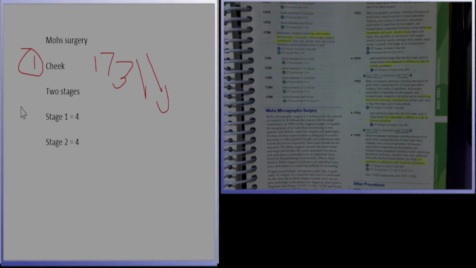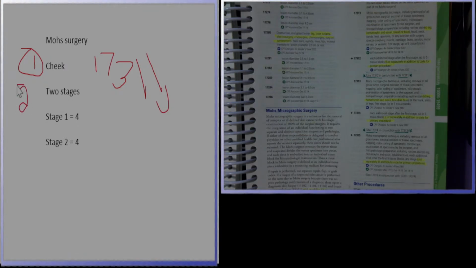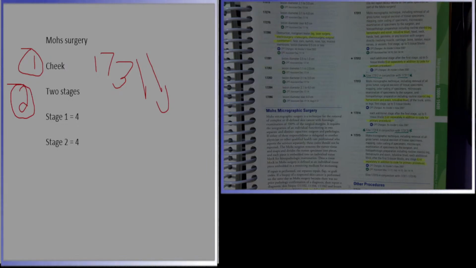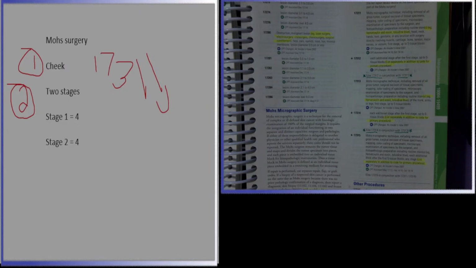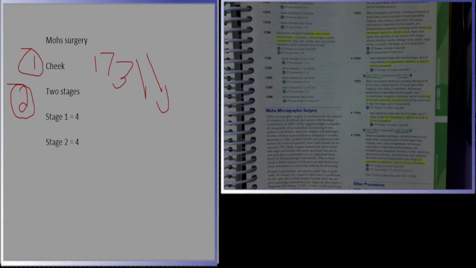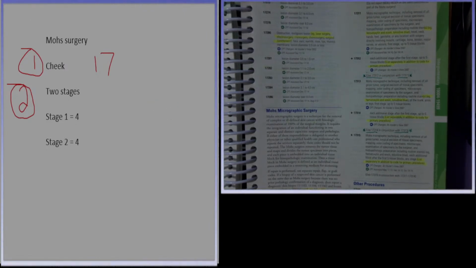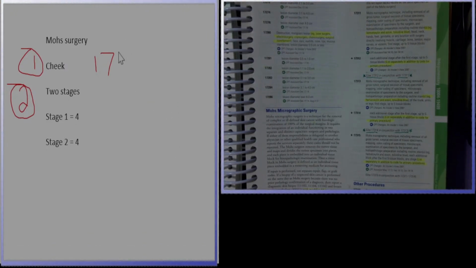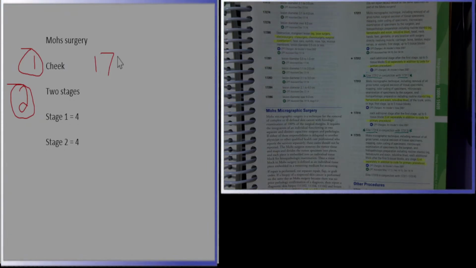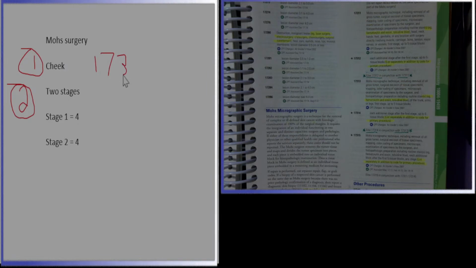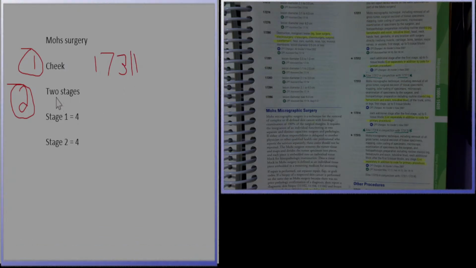The second area that we need to know to code Mohs is how many times did the doctor go to the body and cut things off. Each time that they go to the body and cut something off is called a stage. Like an actor going back on stage to perform a new act, that's what it is.